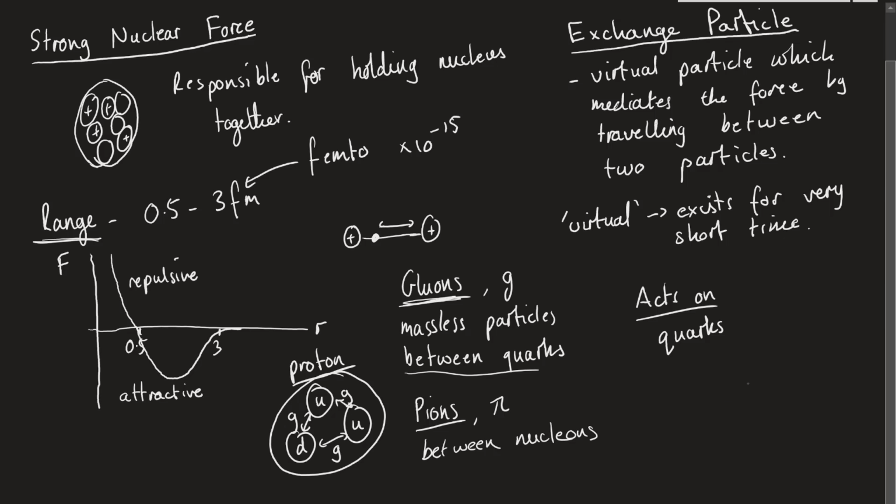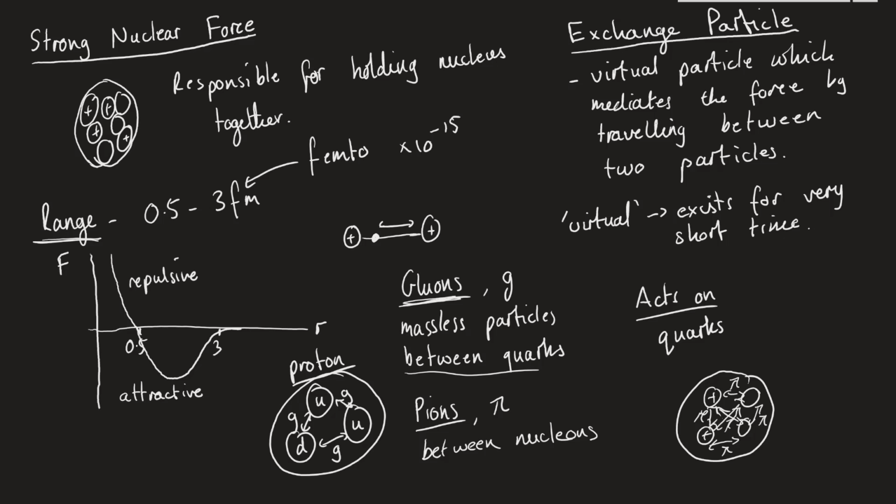So if we take a look at the nucleus now, and we had maybe proton, neutron, between these things we'd have a bunch of pions just traveling around. They'd go between all of these. So we have loads of pions traveling between all of them.